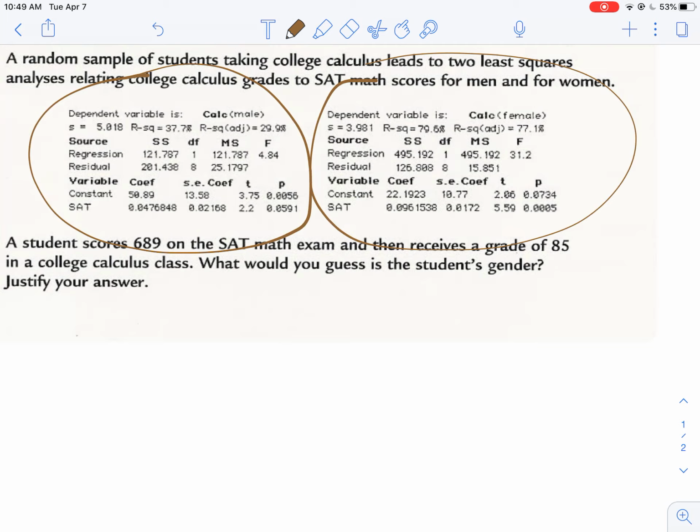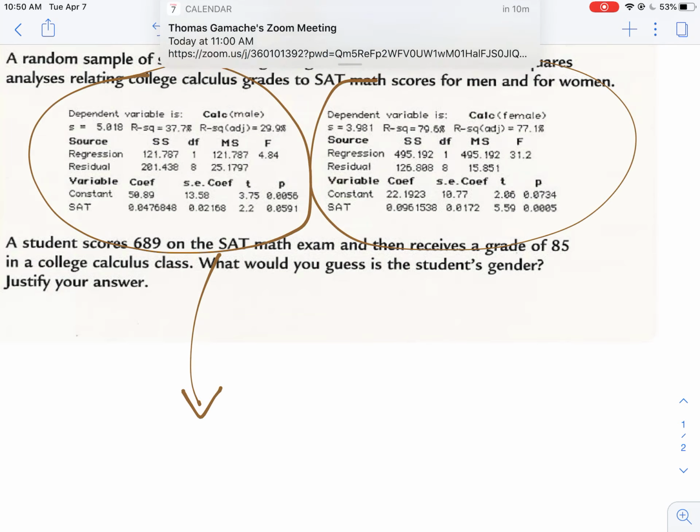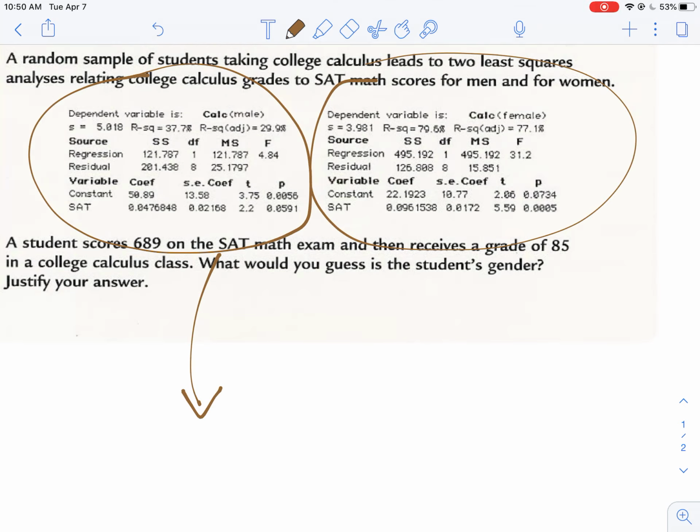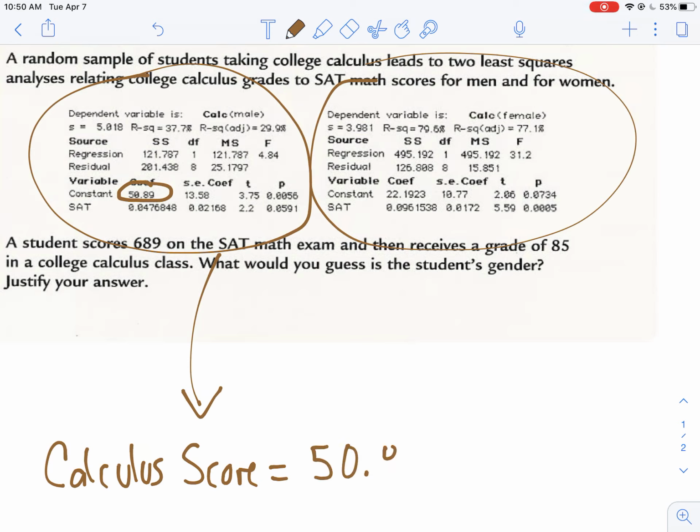We're going to really break this down and analyze it a little bit. We're going to start with the males down here. First thing I want to do is create a least squares regression equation. We are trying to figure out calculus score, so that's my y equals. We've got a constant right here of 50.89.